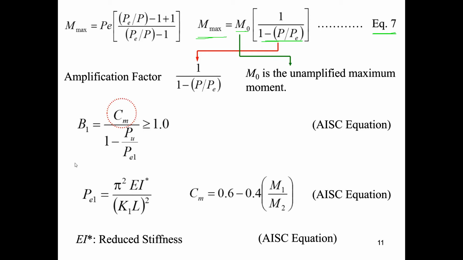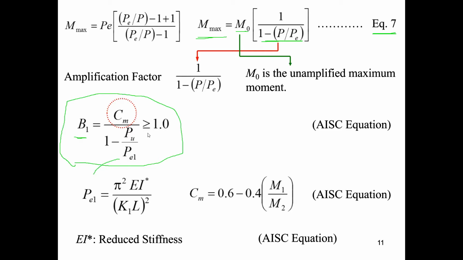The AISC Design Manual uses a modified version of this term, and the amplification factor in non-sway frames is denoted as B1 and can be expressed as B1 equals Cm over (1 minus Pu over Pe1).